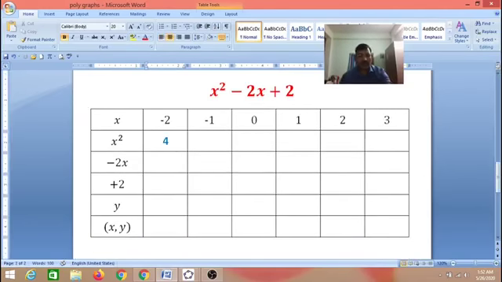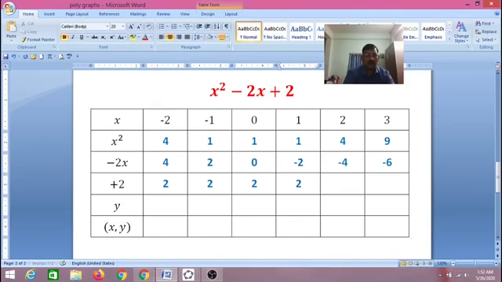As usual you can see it is 4, 1, 0, 1, 4, of course it is 4, and then it is 9, again 4, then minus 2 into 1 is 2, 0, then minus 2, then minus 4, then minus 6. Of course here the next one is again 2 throughout, because this is a constant, it will be the same throughout.